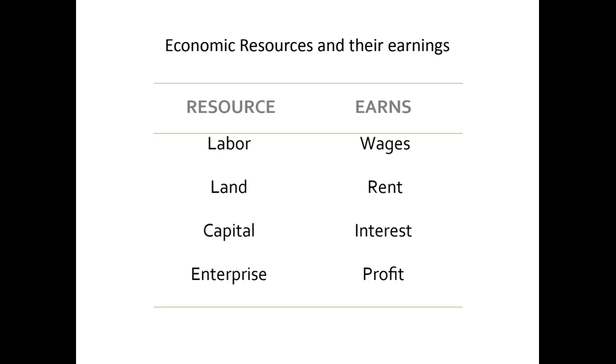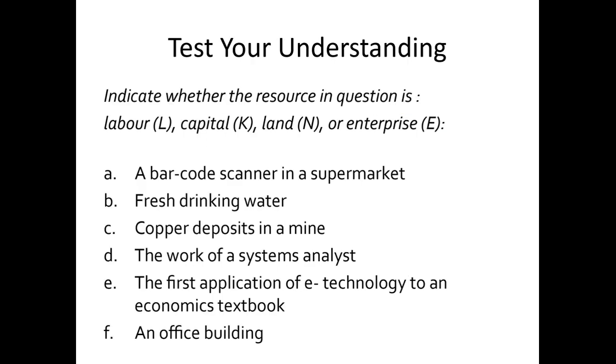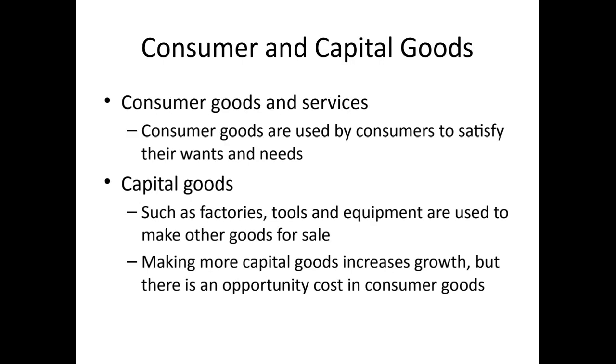So let me go to the examples. These are the examples, right? See labor as L, capital as K, land as N, that is natural resource, and enterprise as E. So a barcode scanner in a supermarket. Let me see if I have the solution so that I save time. No, I don't have it. Okay.